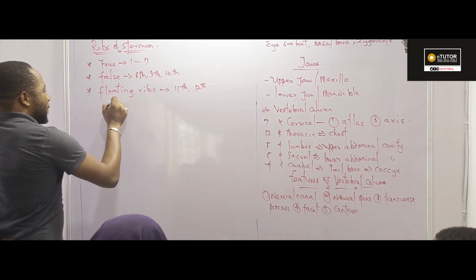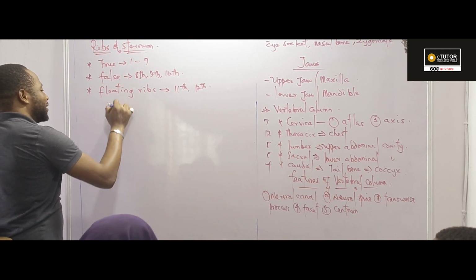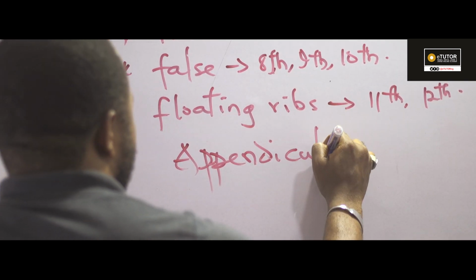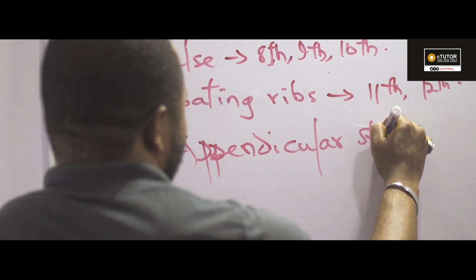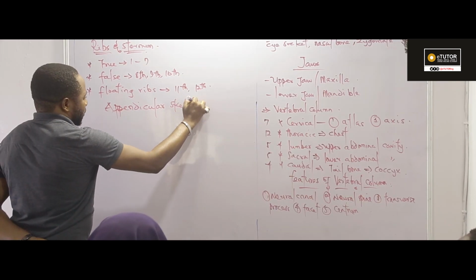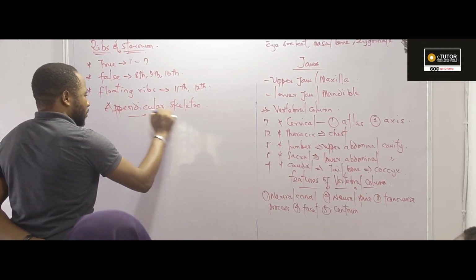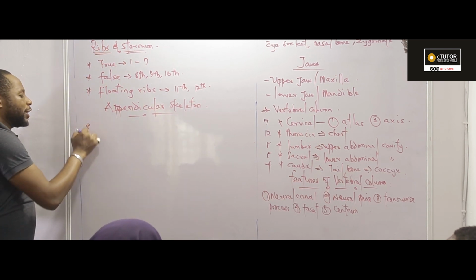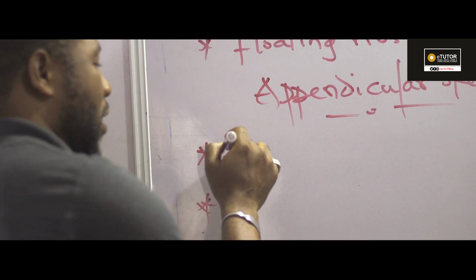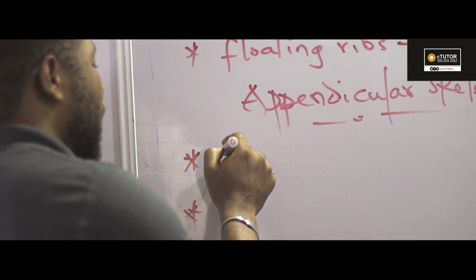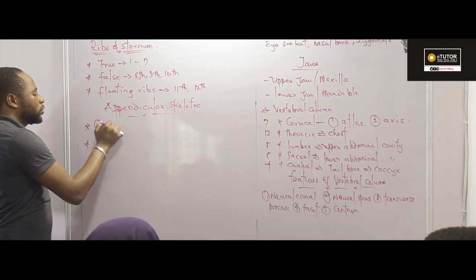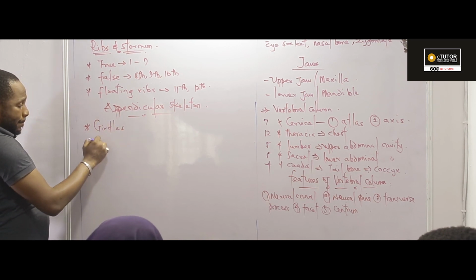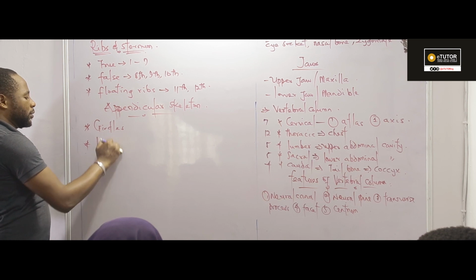Now, the appendicular skeleton. This is divided into 2. We have the girdles and the limbs.